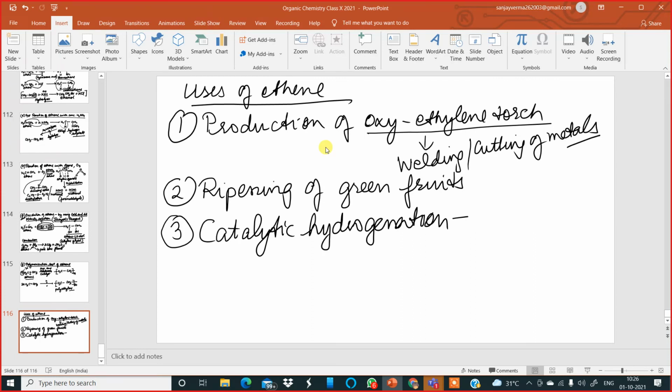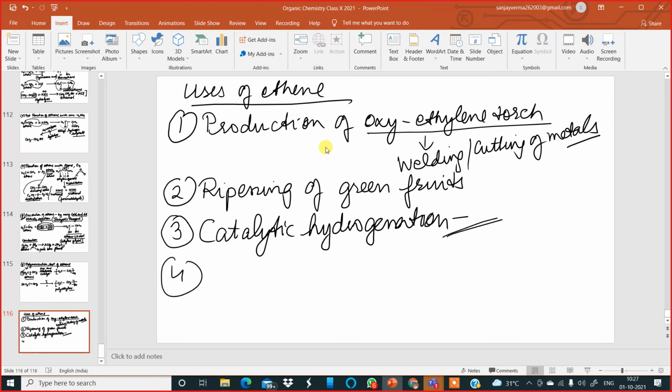Refined oils are in the liquid state. But if you pass ethene gas to the refined oils in the presence of hydrogen and a suitable catalyst, then those refined oils become solidified, what you call vegetable butter. So catalytic hydrogenation is used for hardening of oils.